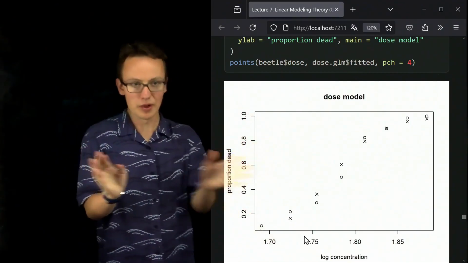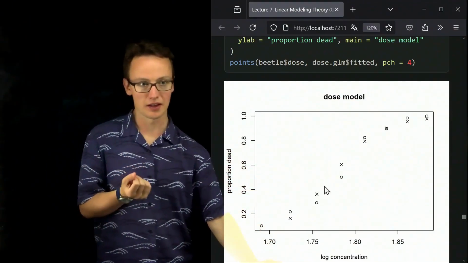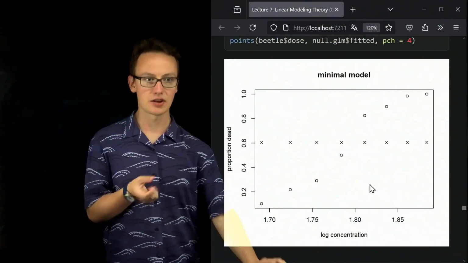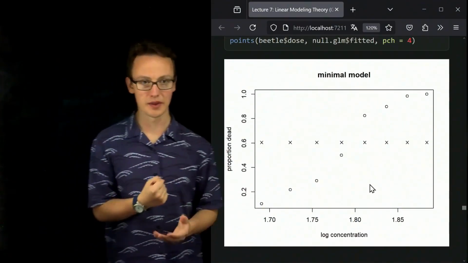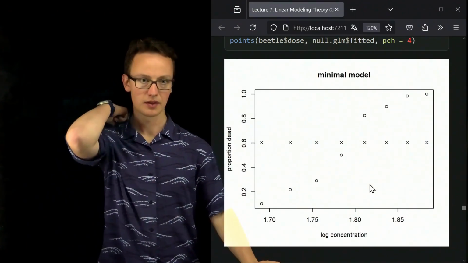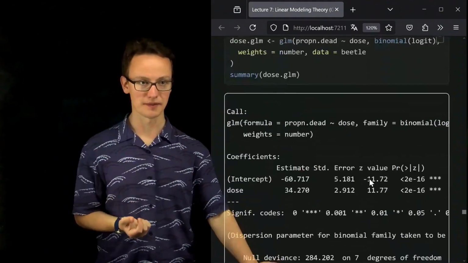So just intuitively, we already see visually that this is a much better goodness of fit than this, but let's actually try to verify this using the significance test we can do on the difference between deviances.